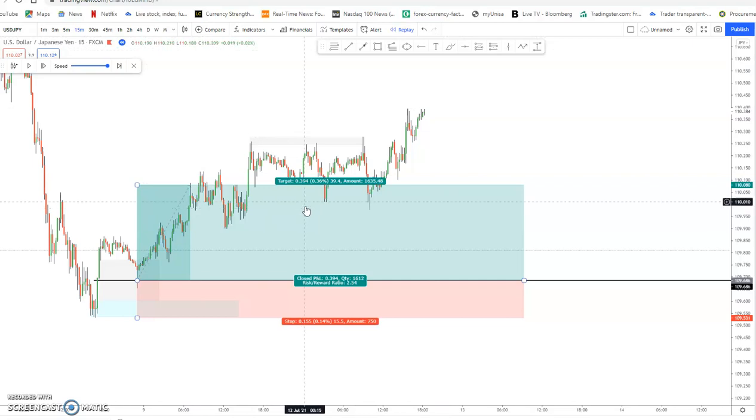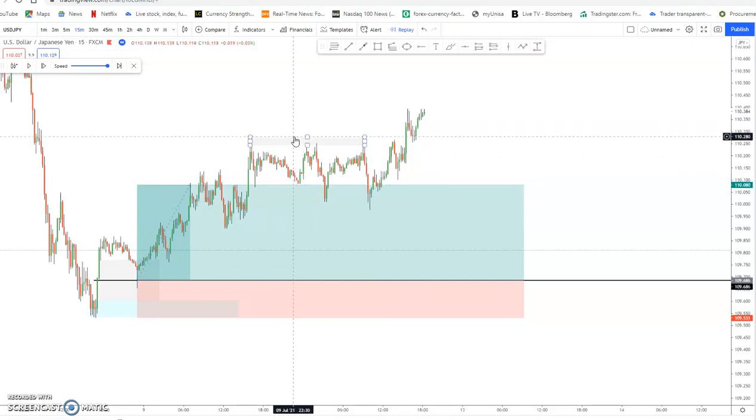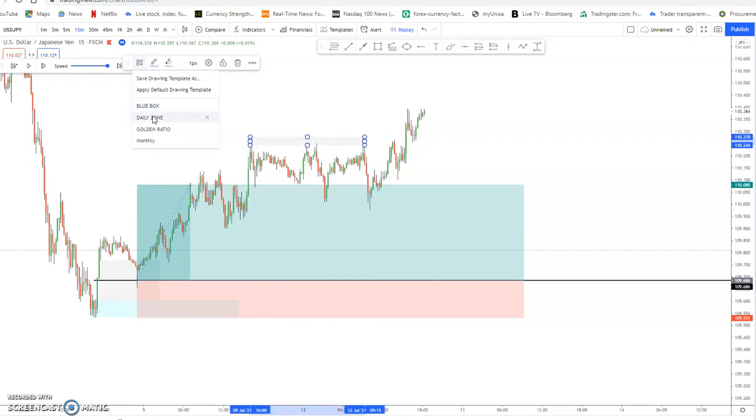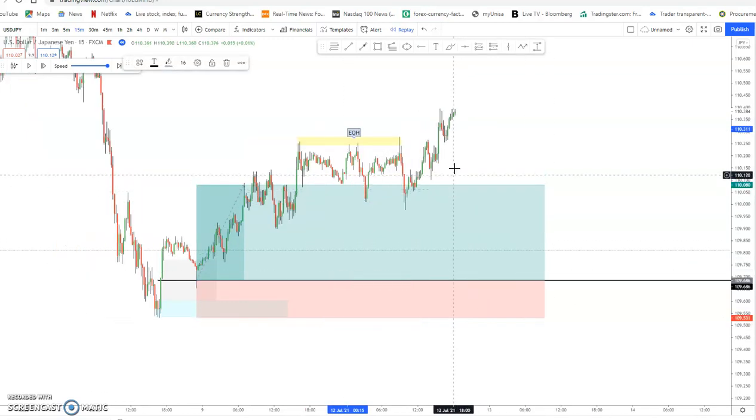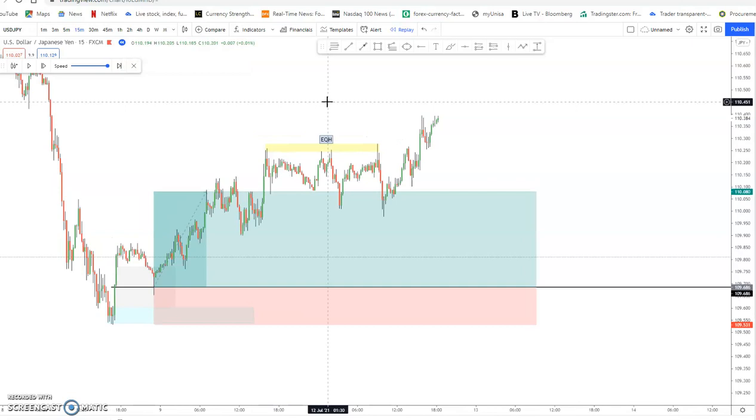Okay, change the color. So equal highs, equal lows identify that there's liquidity above it.